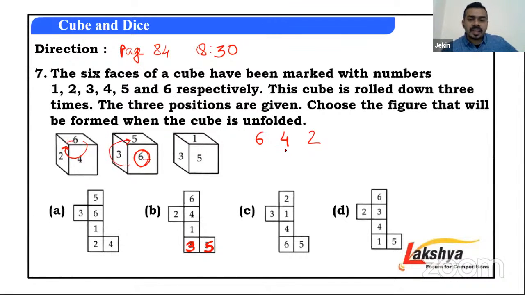We move in the clockwise direction. Therefore, what are the numbers we get? 6, 3, 5. So now it is obvious that opposite of 4 is 3, opposite of 2 is 5, and for 6, the opposite cannot be 6, so which letter is left? 1. Okay, so this is clear.